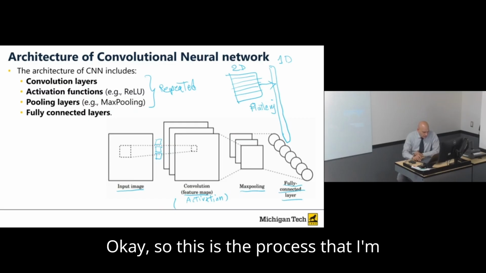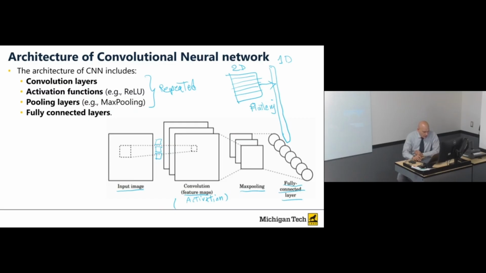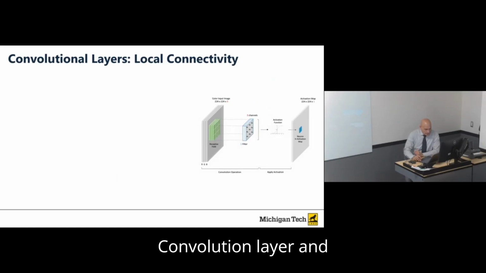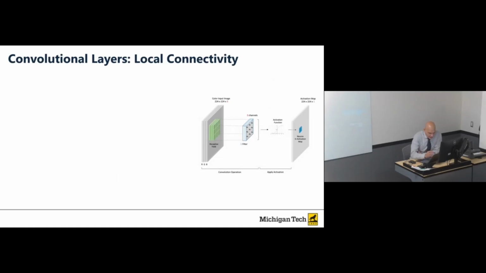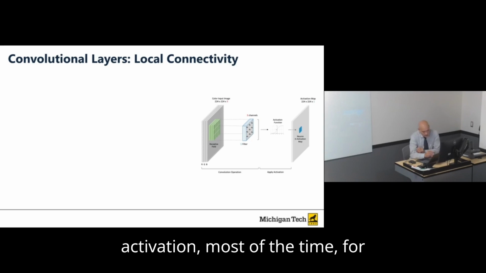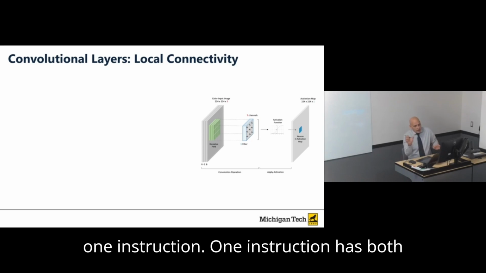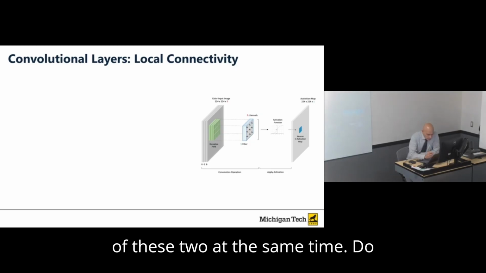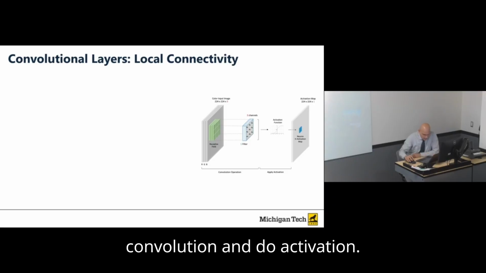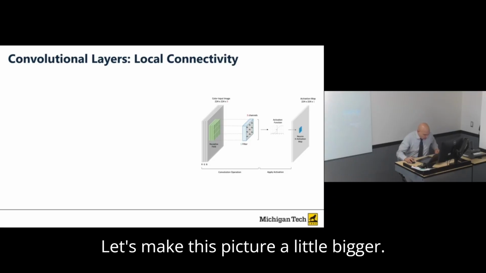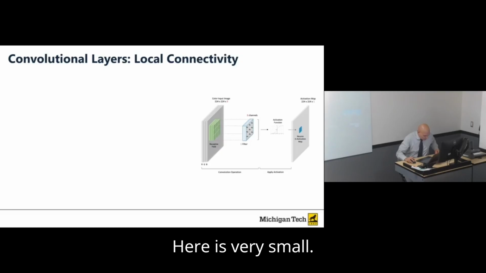Okay, so this is the process that we're going to explain. Convolution layer and activation, most of the time, for example in TensorFlow, happen with 1 instruction. That 1 instruction does both at the same time: do convolution and do activation. Let's make this picture a little bigger. Here it is very small.